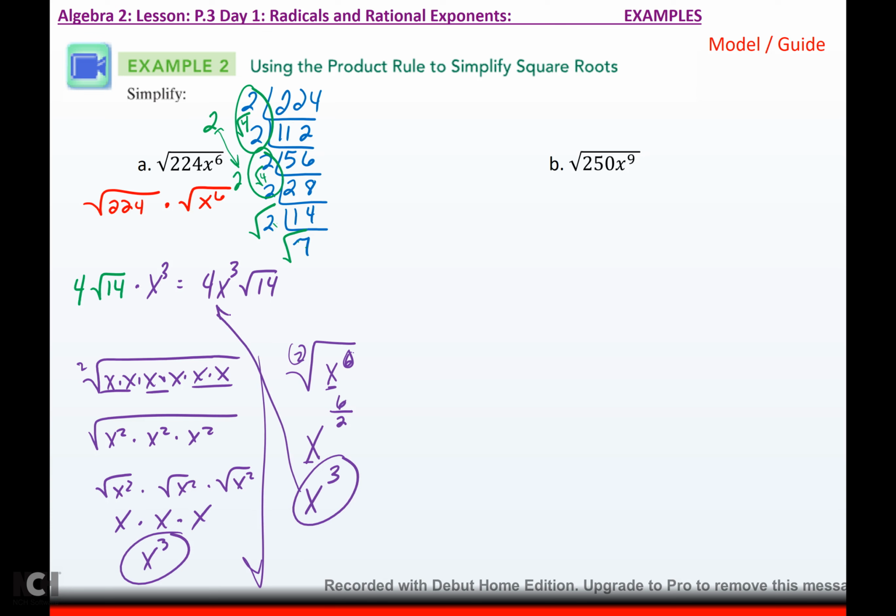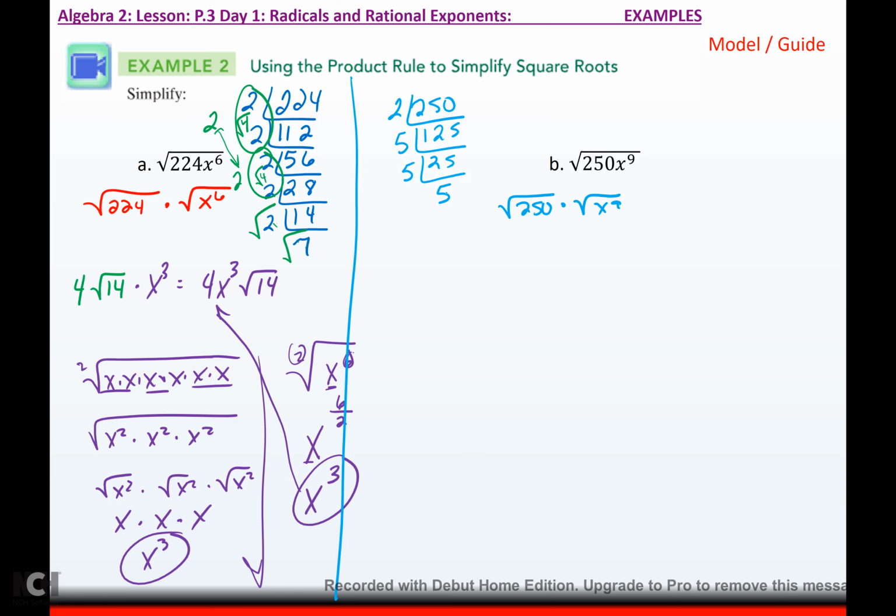Alright, so for b, let's look at the square root of 250x to the 9th. That can be thought of as the square root of 250 times the square root of x to the 9th. If I break down 250, and I always start with my 2's, so that's going to be 1, 2, 5. Then by 5 is going to be 25.